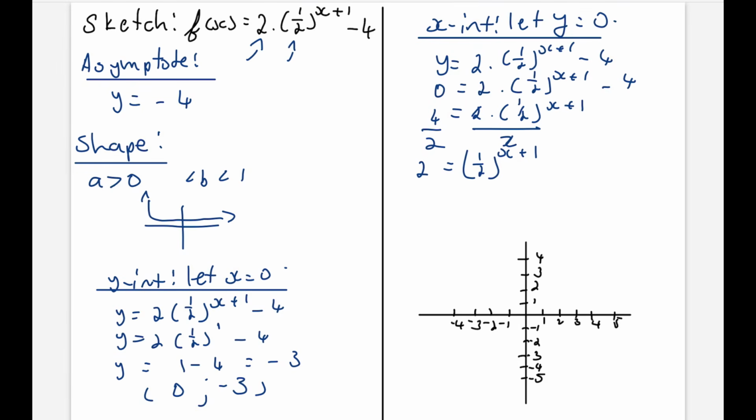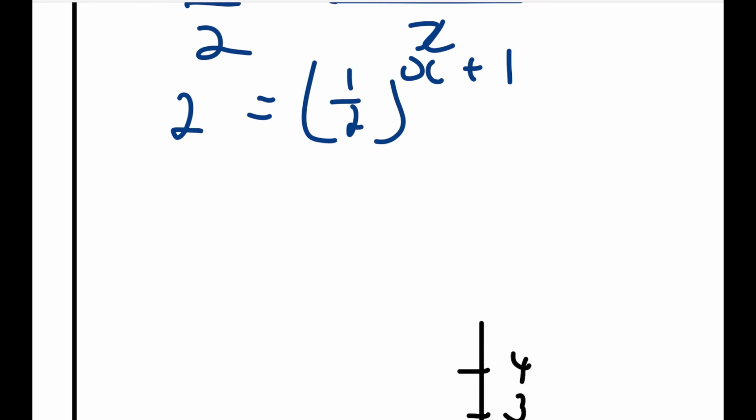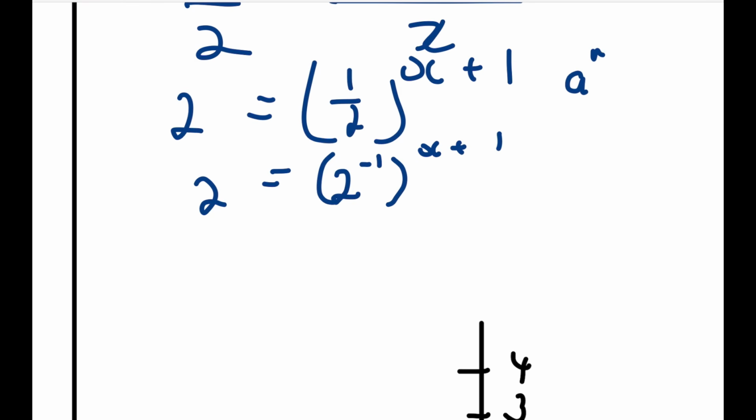Now, here's a nice funky way to solve this. I know that a half is 2 to the power of minus 1. Now, I know that if I have a to the m and it's raised to the n, it must become a to the m times n. So since I have 2 to the minus 1 raised to the x plus 1, minus 1 must multiply this.